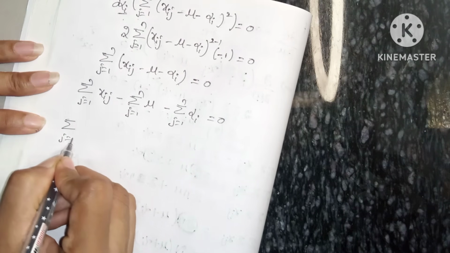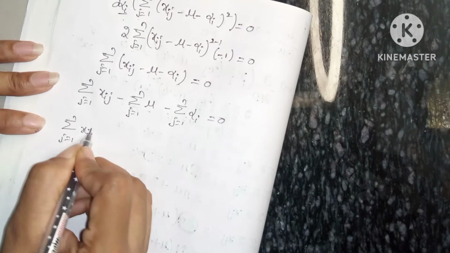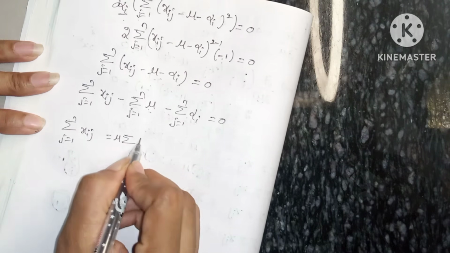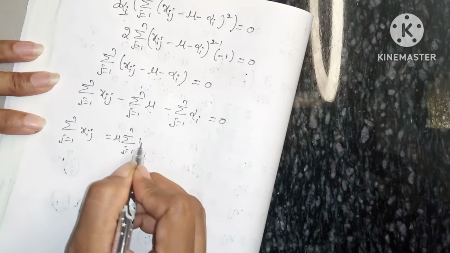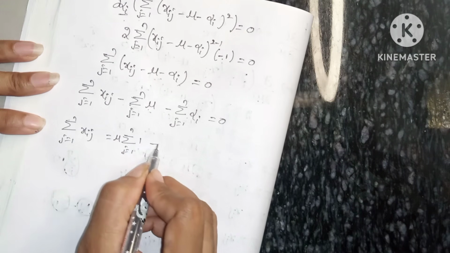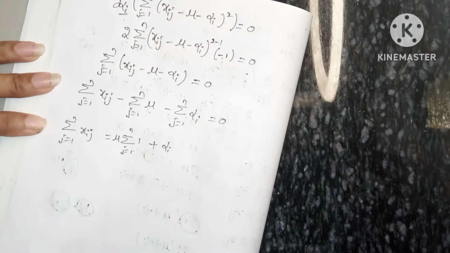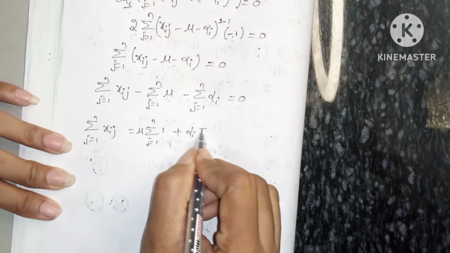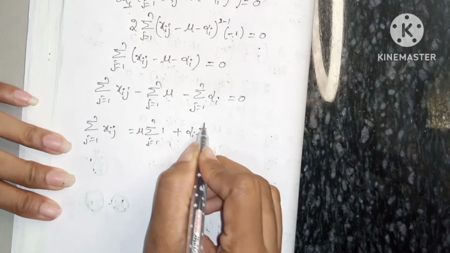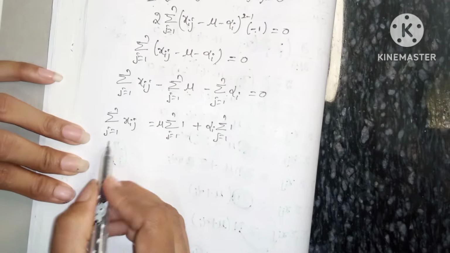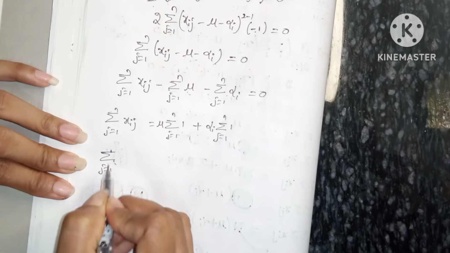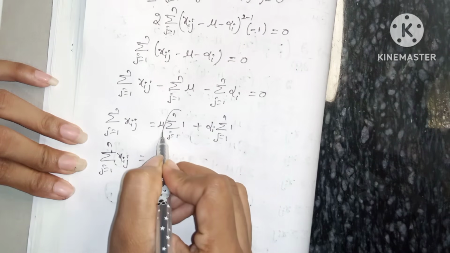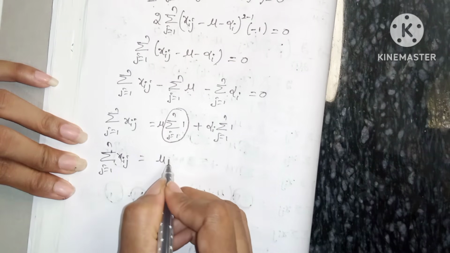So summation j equals 1 to n xij equals summation of mu, which we take as a constant, so we have 1, plus alpha I summation j equals 1 to n of 1. So summation j equals 1 to n xij equals mu into, this whole total we consider as N.